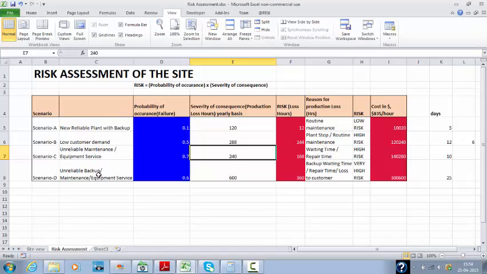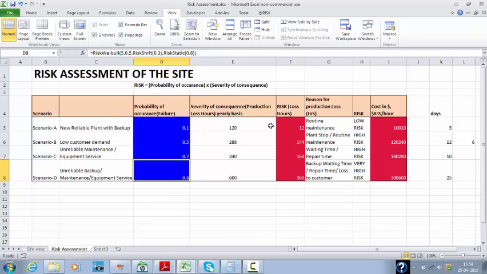And then comes the scenario, which is a worst case, where you have an unreliable backup, unreliable maintenance and equipment services. So the probability of this occurrence is 0.6. All these values have come from the several iterations we carried out in study 1 for reliability, then maintainability, stress analysis, sensitivity analysis, and then I picked this value based on the study in the previous presentation.